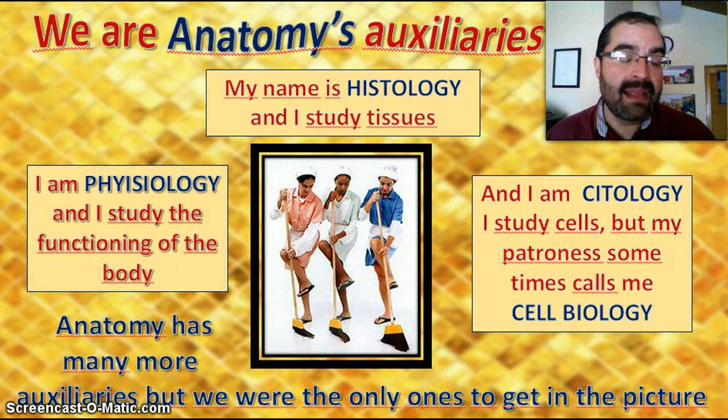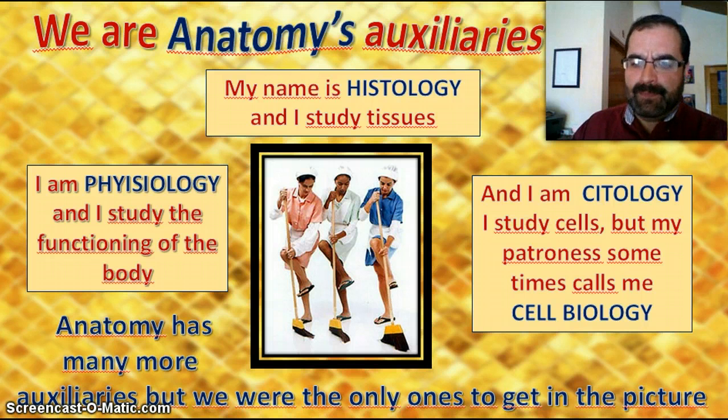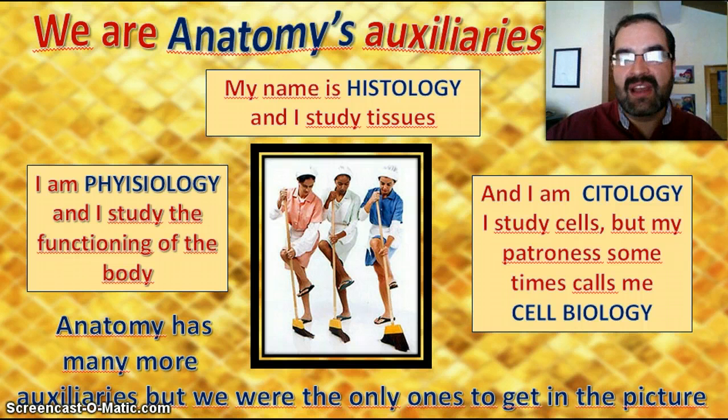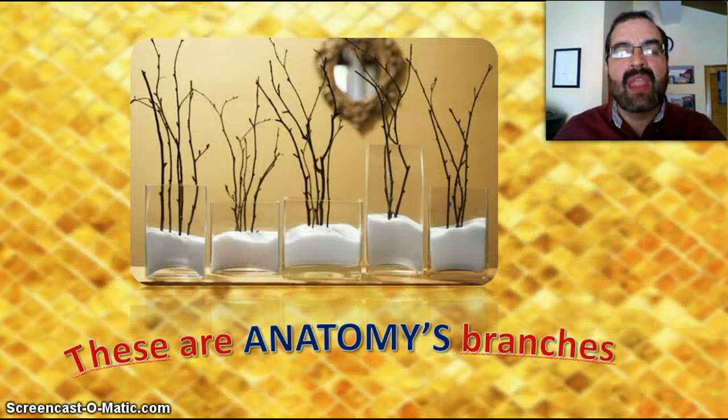And finally, cytology studies the cells, but her patroness, that's Anatomy, prefers to call her cell biology, but she is pretty much the same auxiliary. So let's continue. And guys, please remember that these three auxiliaries are not the only ones for anatomy. There are a lot more auxiliaries, but let's continue.